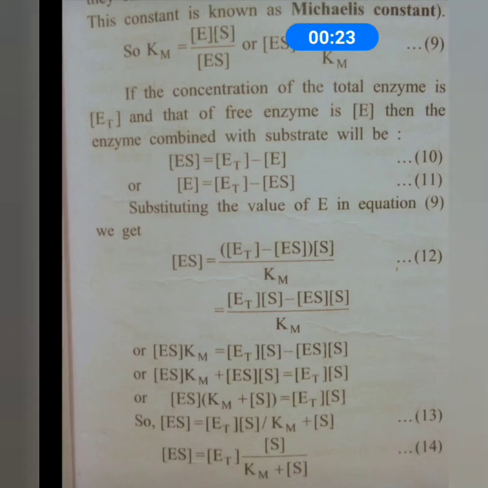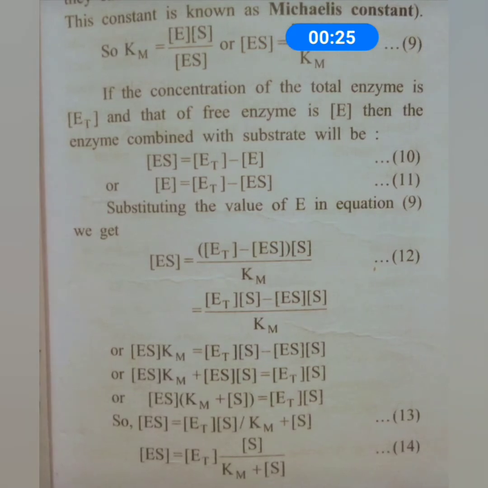Because you know from those 100 molecules some have already bound with the substrate, some enzymes are free. So altogether the total enzyme is 100, given by ET, whereas those enzymes which are free, which do not bind with the substrate, are represented by E.